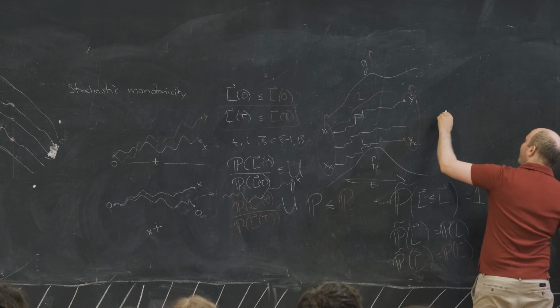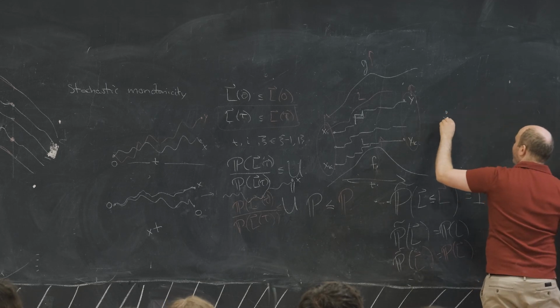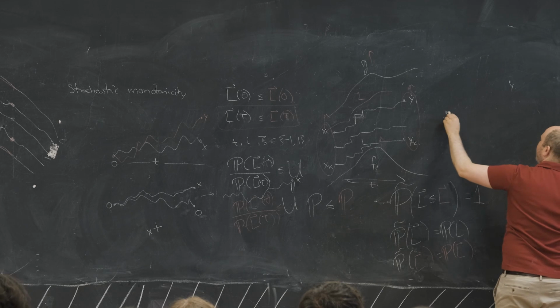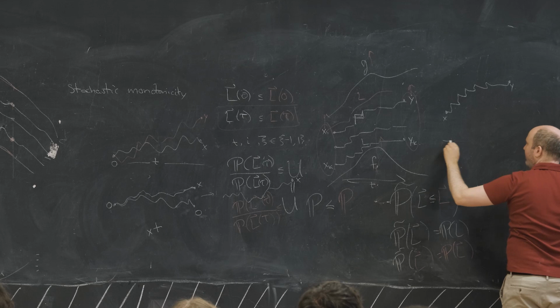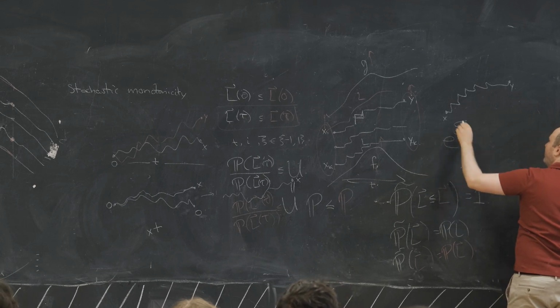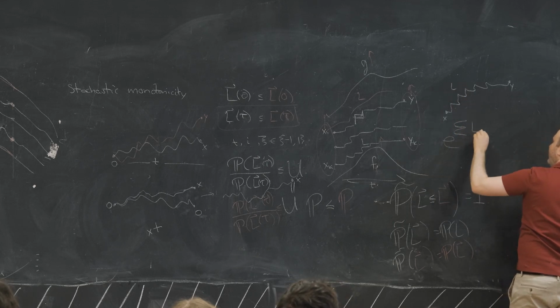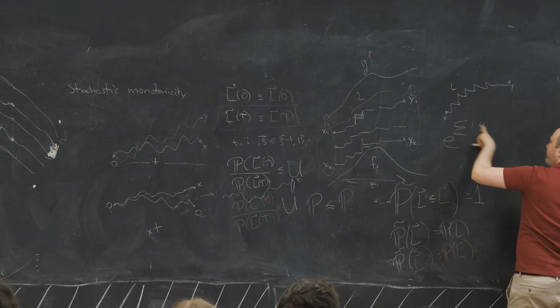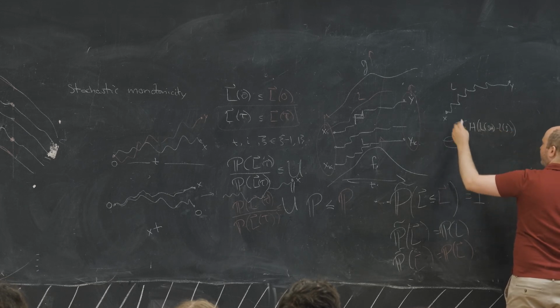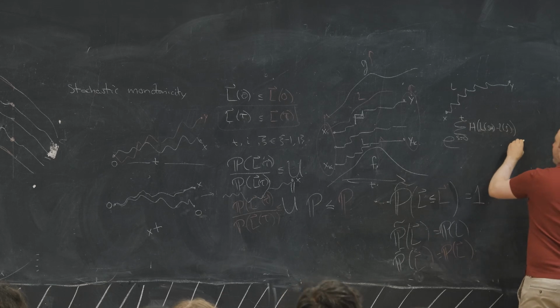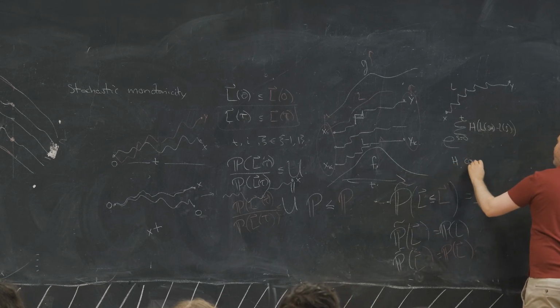So if I have a geometric random walk between 2 points, x and y, the measure can be written in the form of e to the sum, so let me say, the path is L, of h of L of s plus 1 minus L of s, s equals 0 to t, where h is convex.